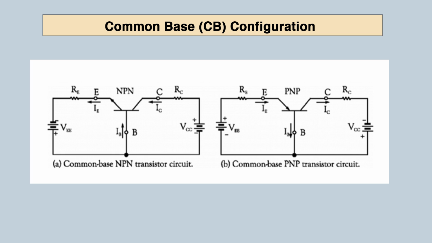Hence, base collector junction will be reverse biased. So, when junction BE is in forward bias and junction BC is in reverse bias, the device goes in the active mode. Hence, we can see that here the device is in active mode.